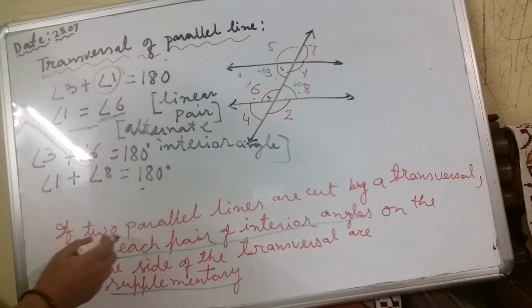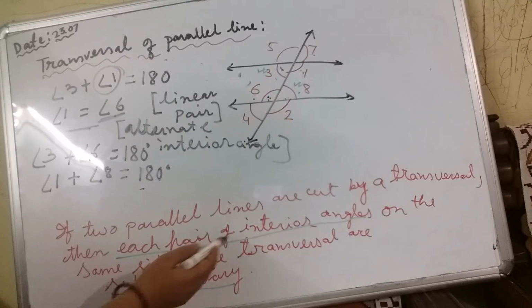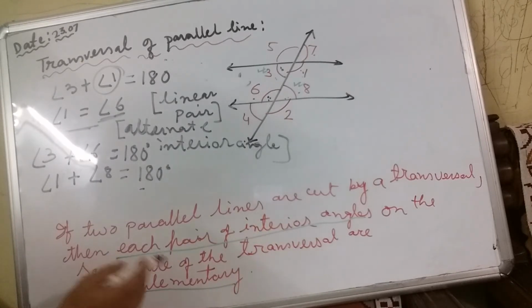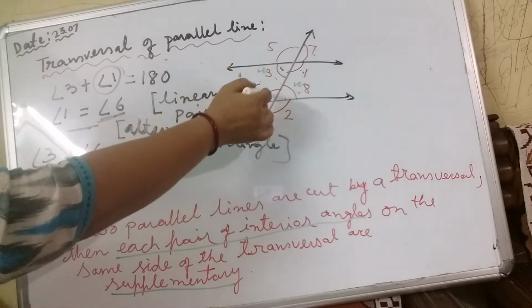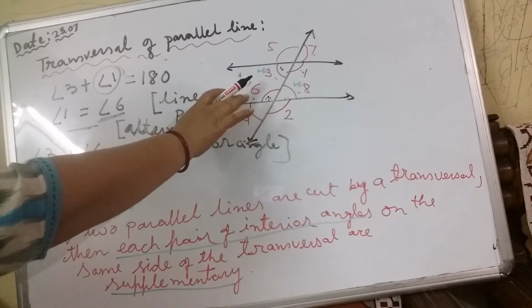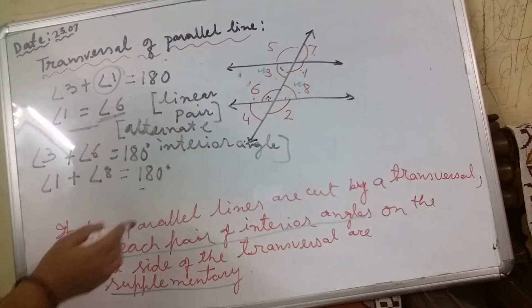So if two parallel lines are cut by a transversal, then each pair of interior angles on the same side of the transversal are supplementary. Angles 3 and 6 are on the left-hand side, and angle 1 and angle 8 are on the right-hand side.